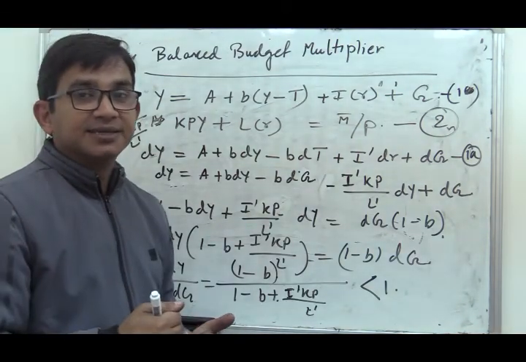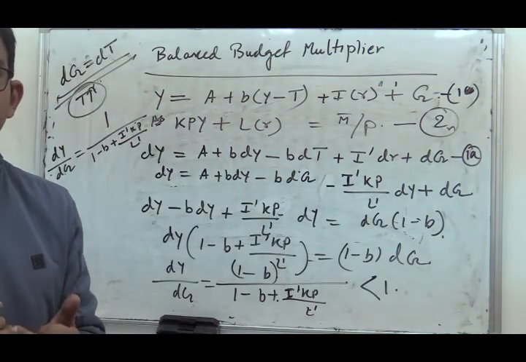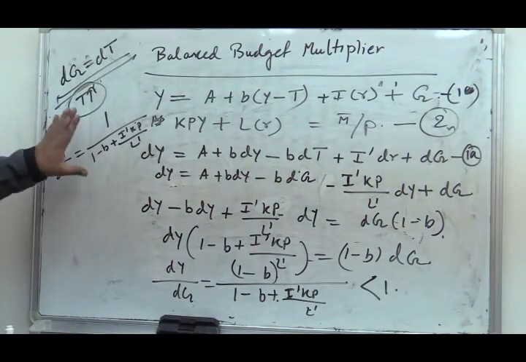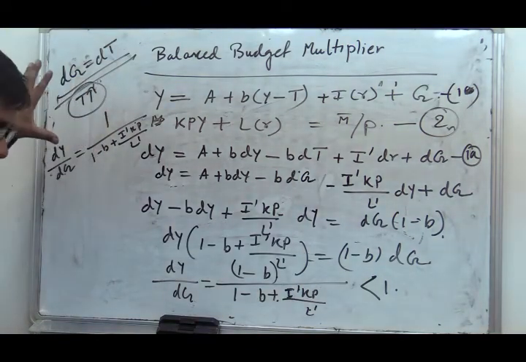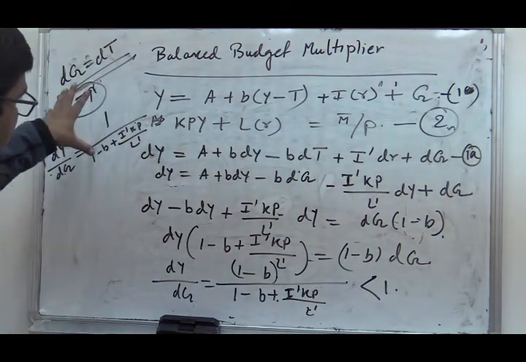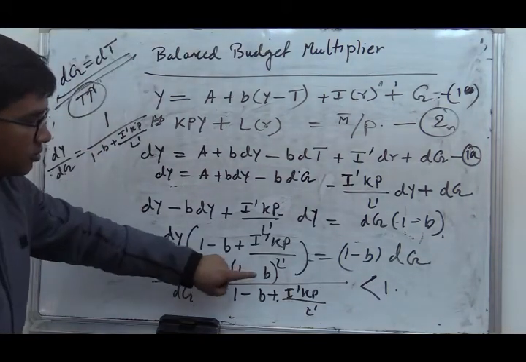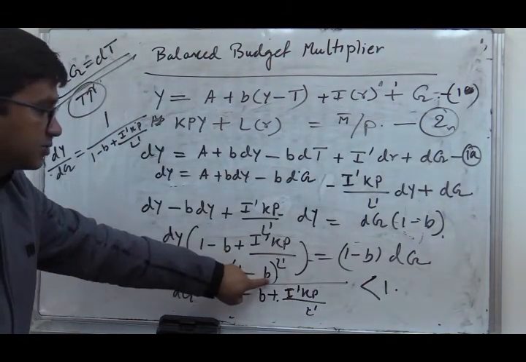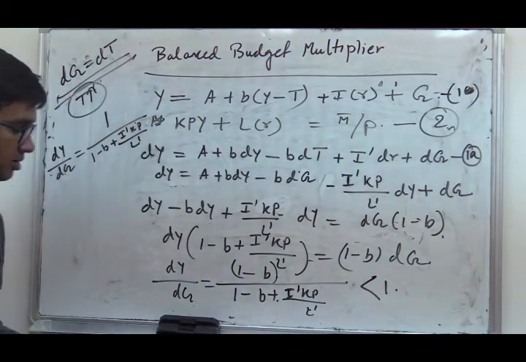Increase in tax is some kind of leakage that weakens the aggregate demand. So in the public expenditure multiplier we get a higher impact of the fiscal policy. That's why the numerator there is greater than the numerator here, because b is positive, so 1 minus b must be less than 1.